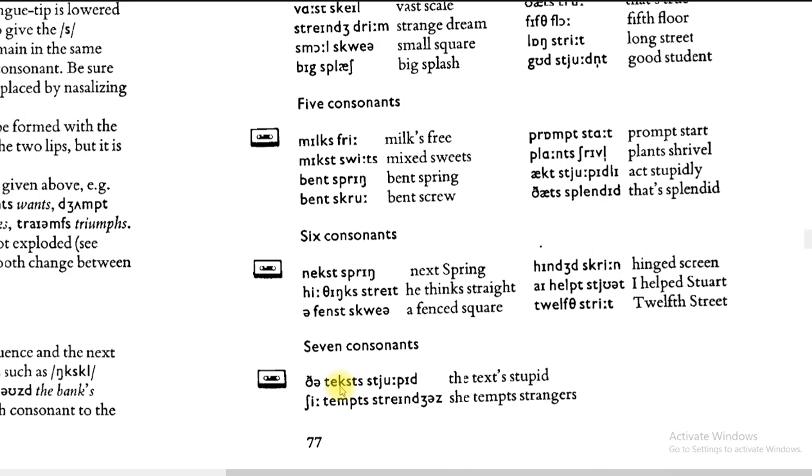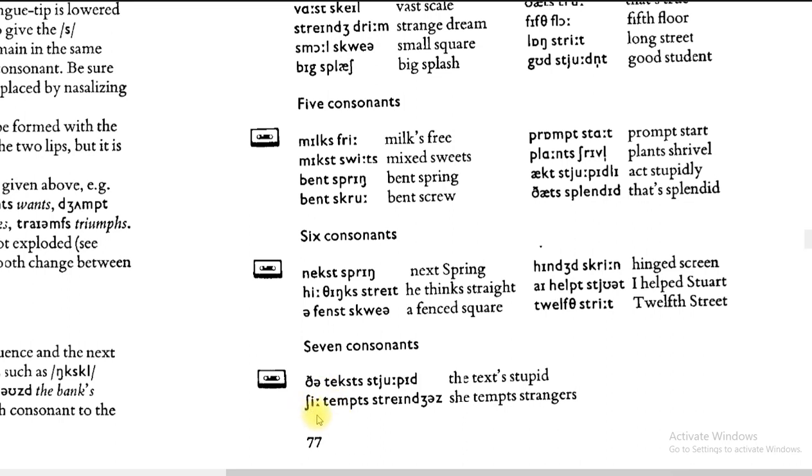شوفوا هنا ايش عندنا k, s, t, s يعني عندنا 4 final consonants, 4 final consonant sequence, and the next word starts with 3 consonants in the initial position s, t, and r. So the text is stupid.